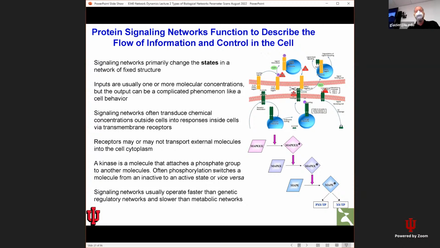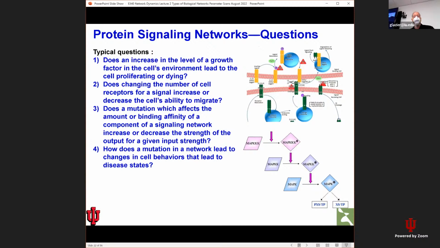A typical timescale of signaling is in the seconds to minutes, sometimes a little bit slower depending on how much reorganization goes on. So signaling is very critical in understanding almost every biological phenomenon. If I have cells in a dish or in my body, and there's a growth factor, and we'll see a lot of growth factors in the kinds of models we do, maybe not so much in this class, but if we go on with it, you'll see them.